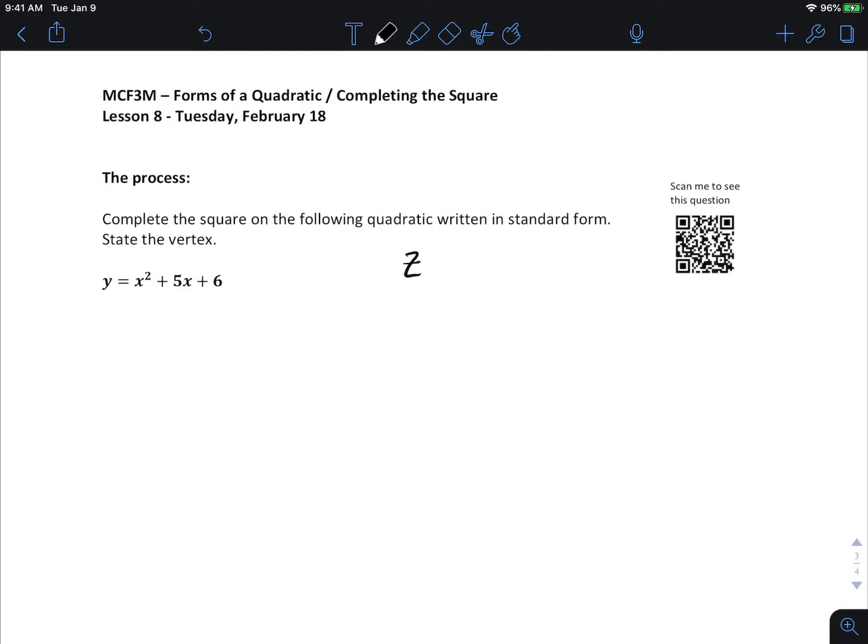I always label it Z, right? And Z is always equal to the B value from the standard form. So remember, standard form is y equals ax squared plus bx plus c. So it's always this number here, right? It's b. Okay. So it's always b divided by 2, squared.